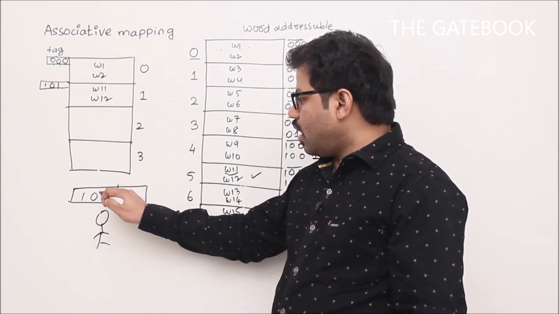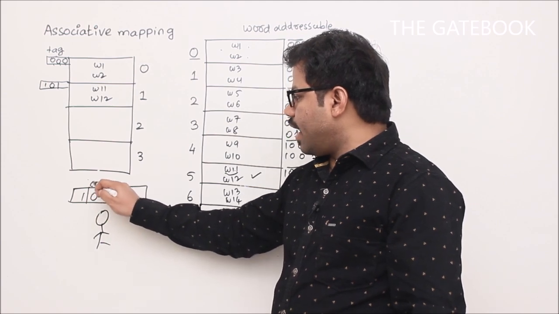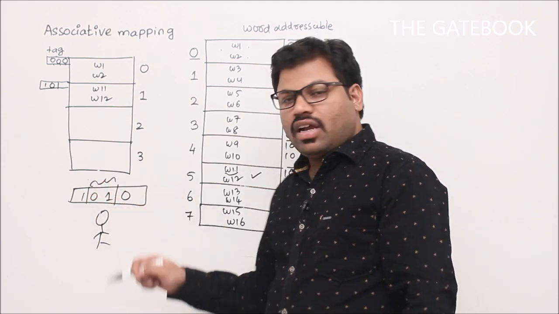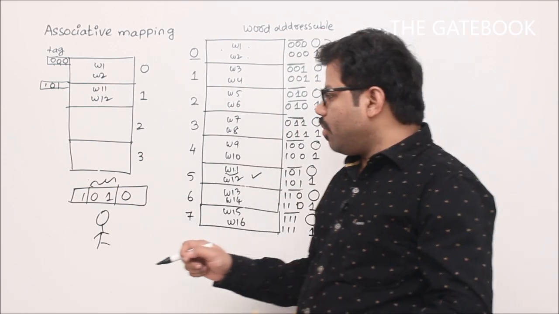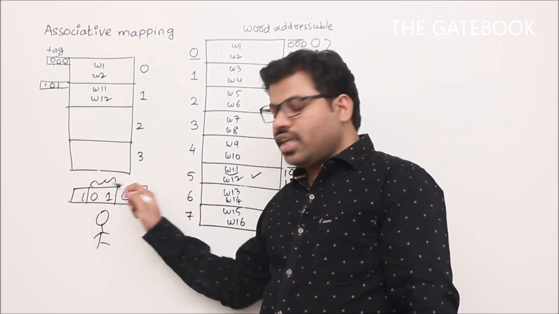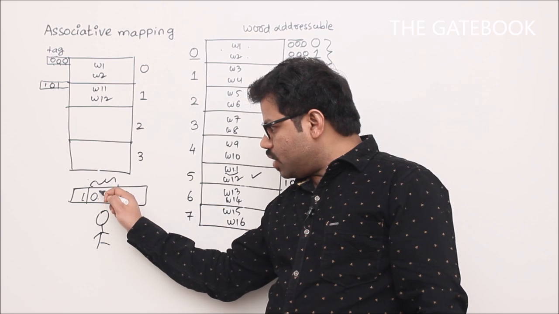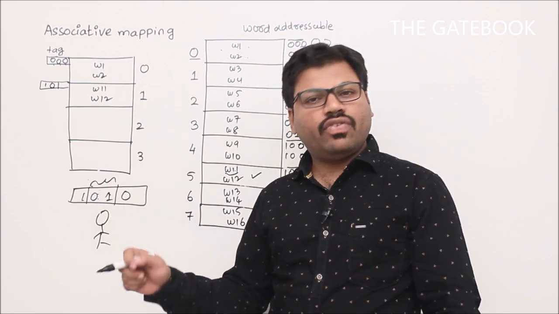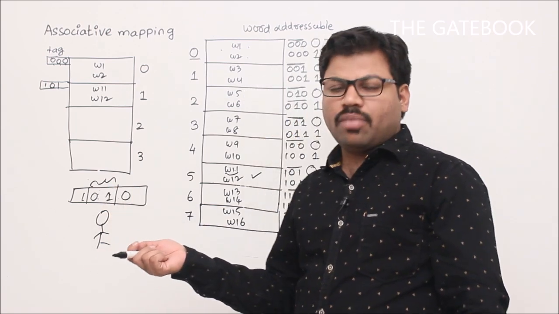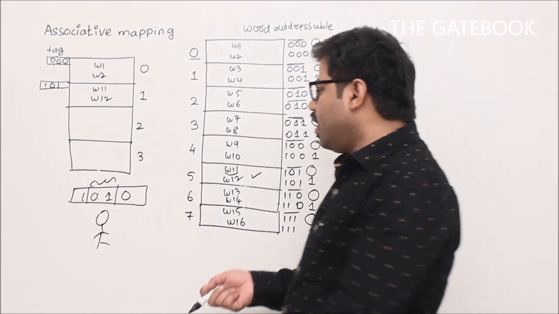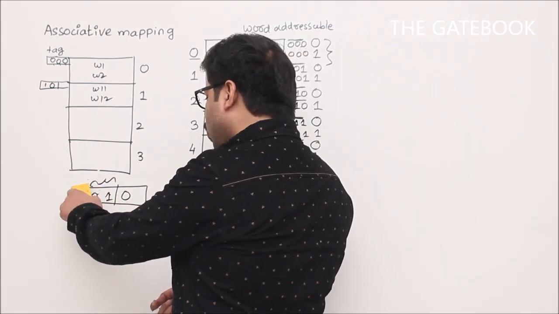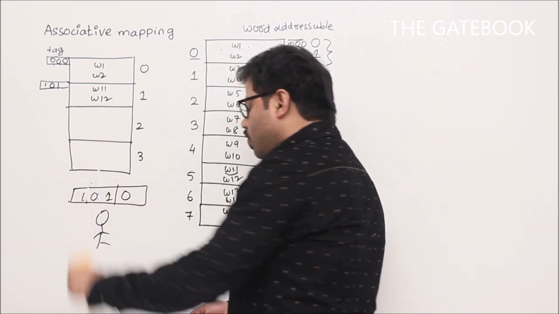I said this is the cache offset, and that is the rule in direct mapping: if this word is located, it will be in cache block 01, that means block number 1. But here there is nothing like that, so it can go anywhere. There is no cache offset.